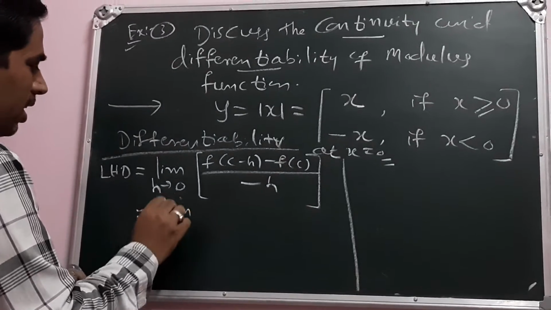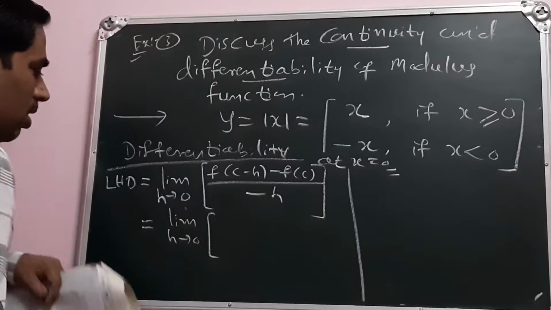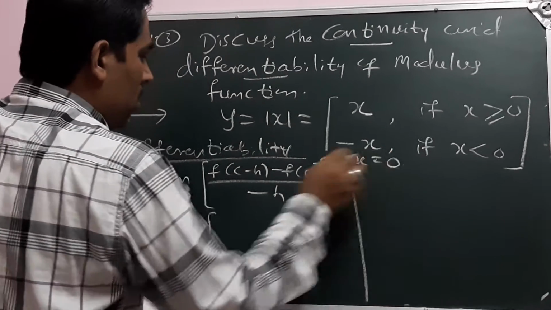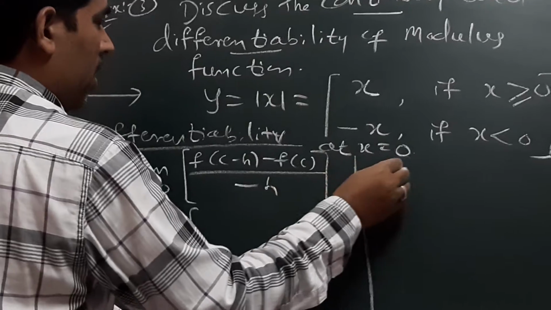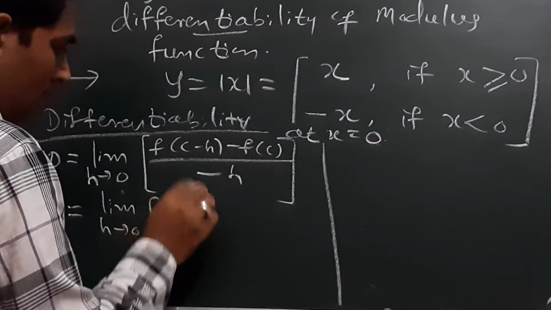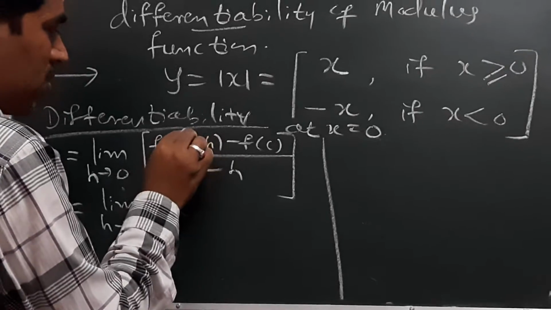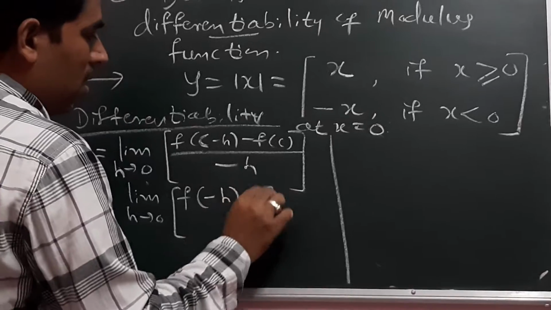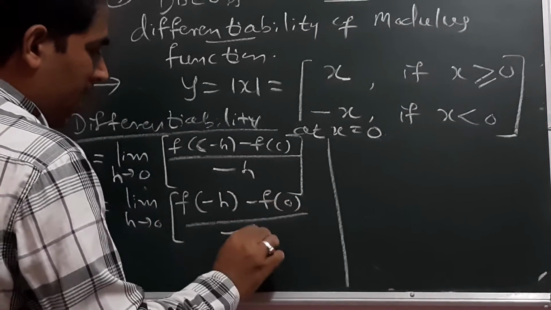So I can write limit h tends to 0. We can substitute c here, x is equal to c. What is the point here? c is 0. So f of 0 minus h, that is f of minus h, minus f of 0, divided by minus h.